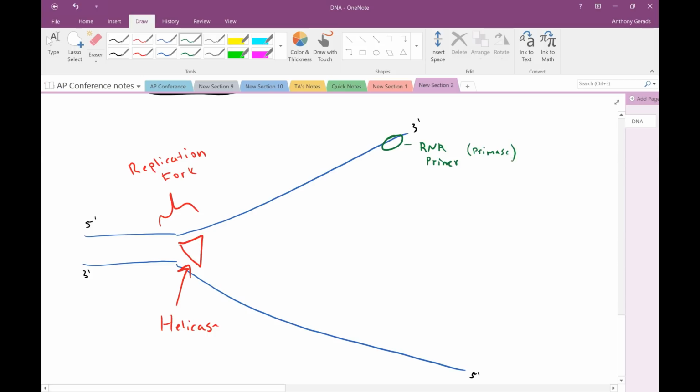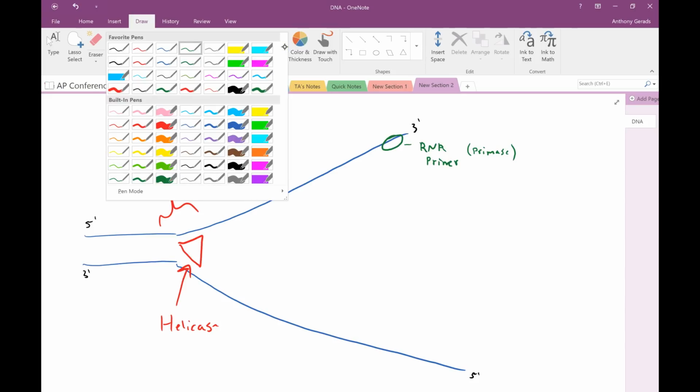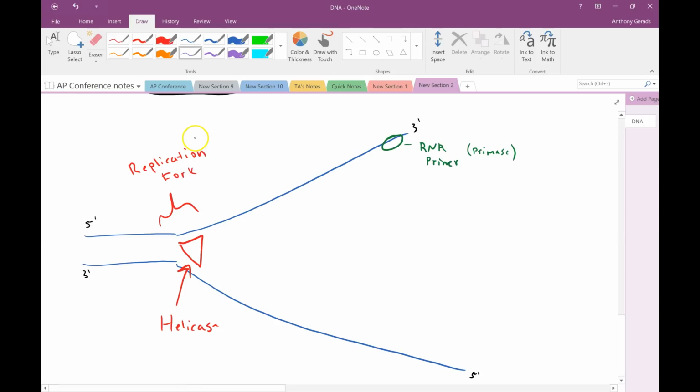And now I'm going to have another enzyme come along, and it's going to start adding complementary nucleotides to the growing 3' end. So as helicase unzips, it's going to now expose this 3' end, so it can add more nucleotides and more nucleotides.